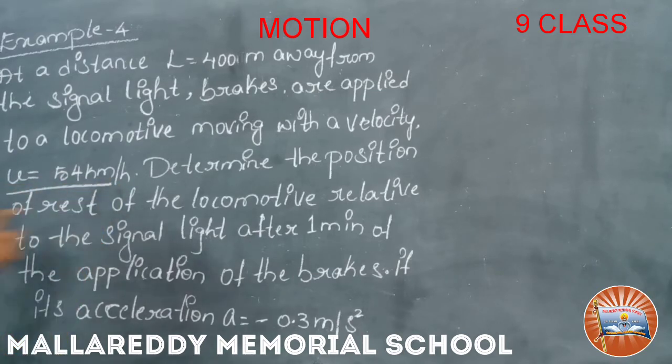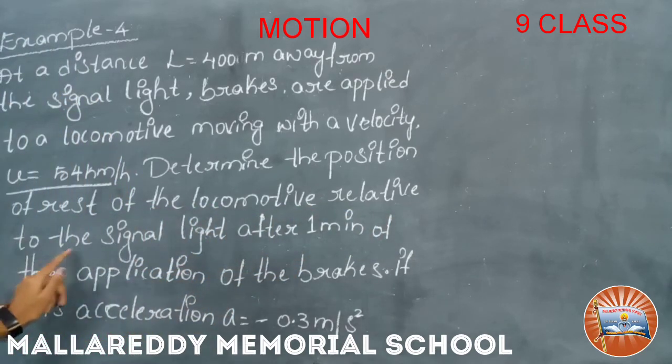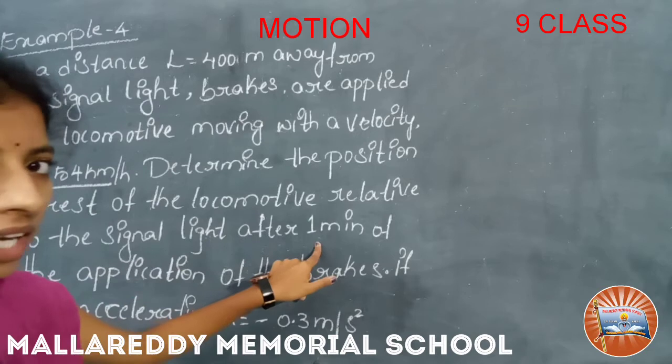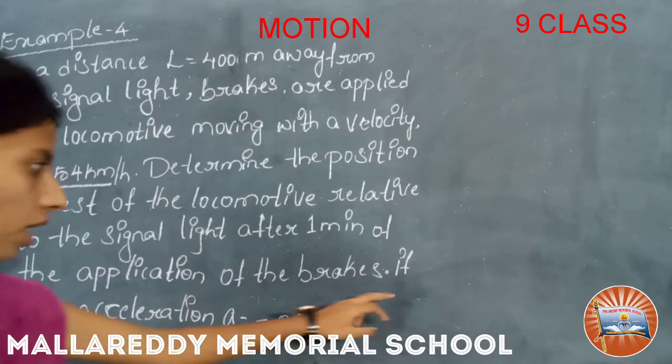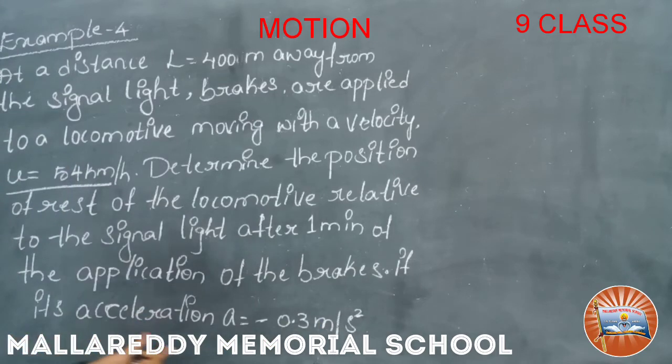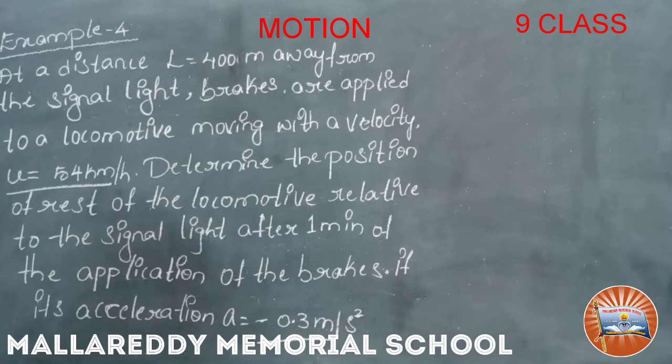Determine the position of rest of the locomotive relative to the signal light after 1 minute of the application of the brakes, if its acceleration a is equal to minus 0.3 meter per second square.